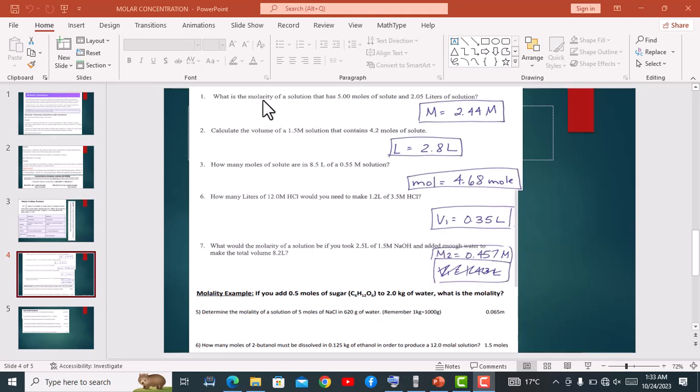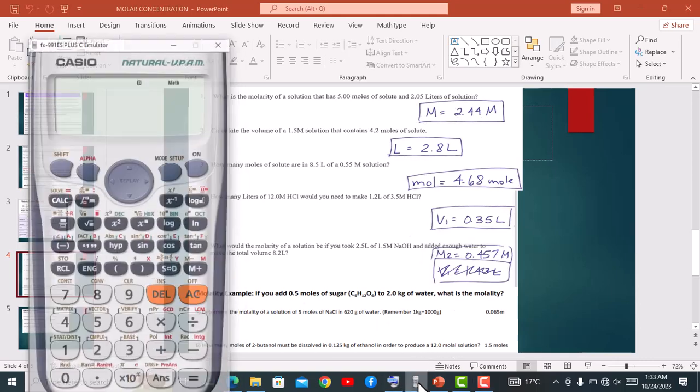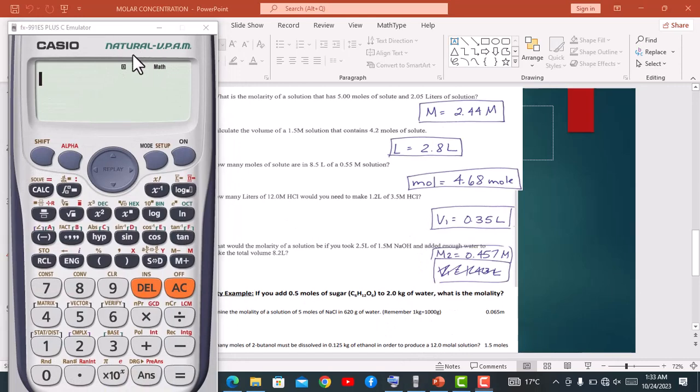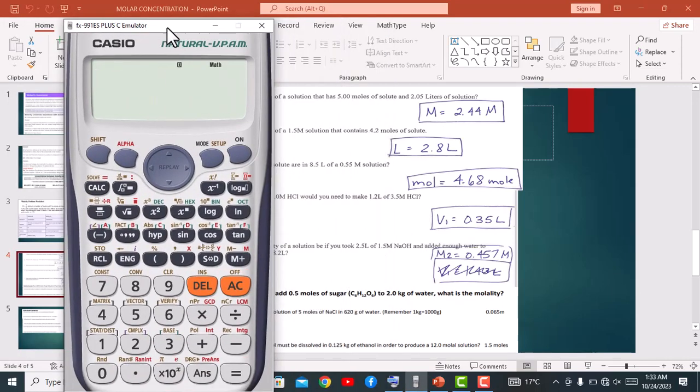So we have: what is the molarity of a solution that has 5 moles of solute and 2.05 liters of the solvent? We can just go to the calculator here to find out what is happening.